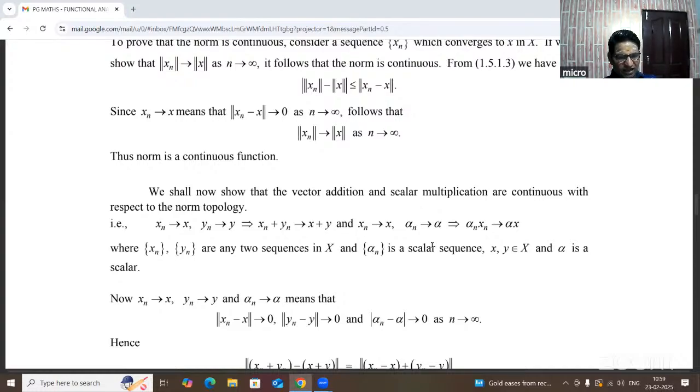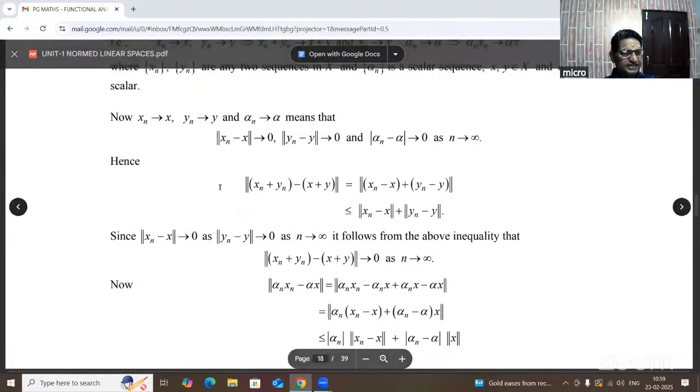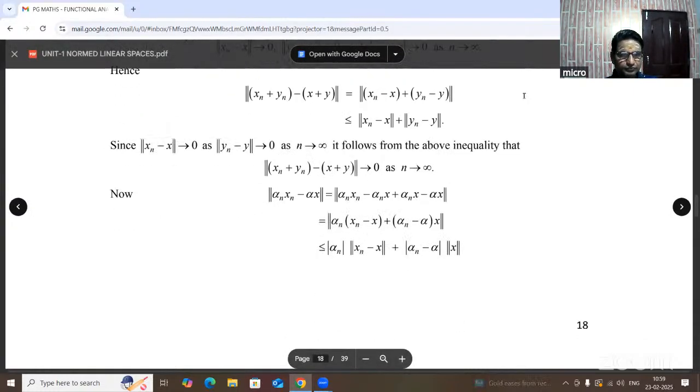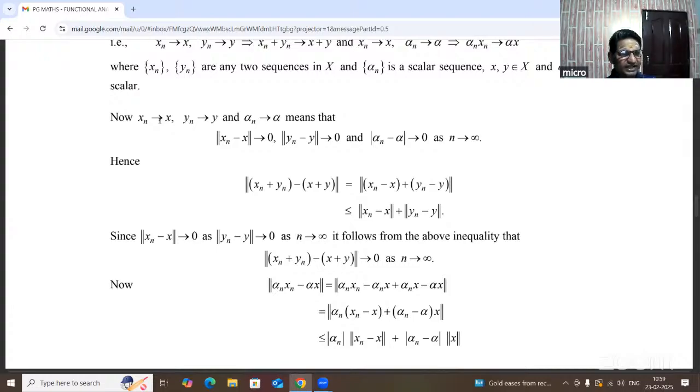Alpha n is a scalar sequence. Here x and y belong to capital X, and alpha is a scalar. Now, see here. xn converges to x, yn converges to y, and alpha n converges to alpha. It means that norm xn minus x converges to 0, and at the same time, norm yn minus y converges to 0.